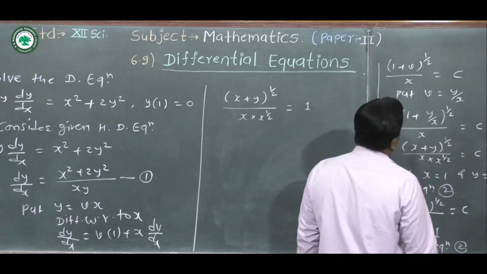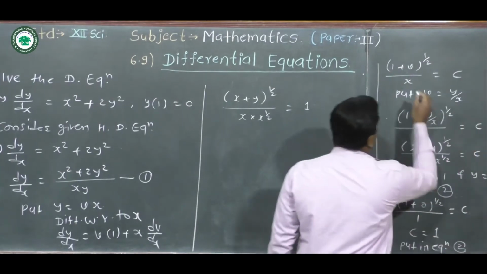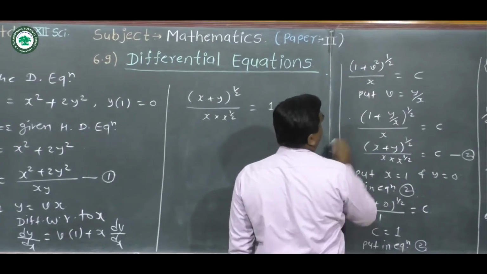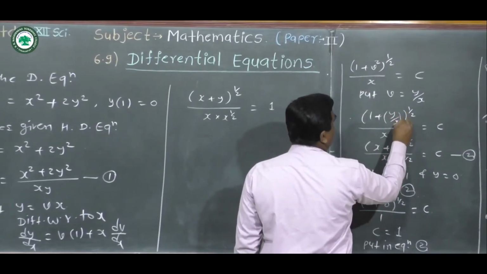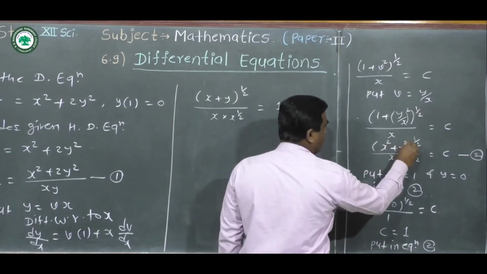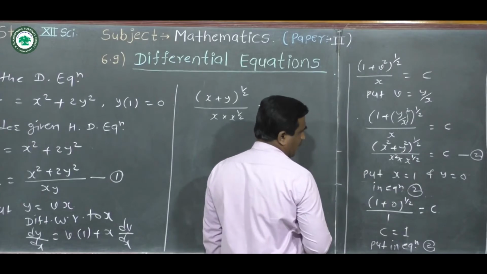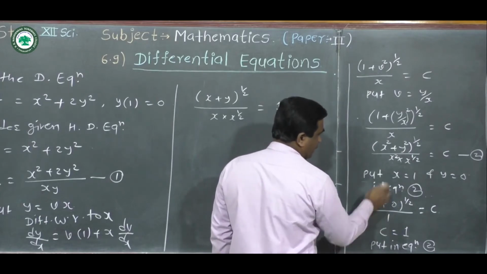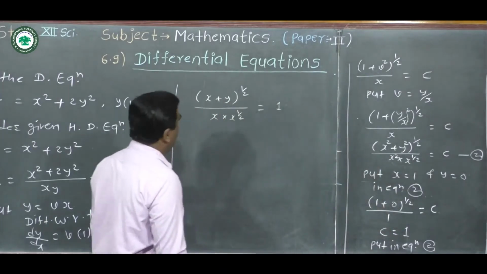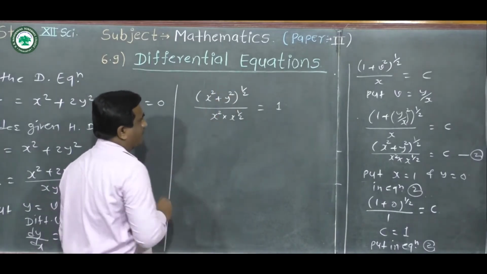Now here we have to put value of v square. Okay, therefore we can write here v square, that is, we get here (x square plus y square) upon x square.